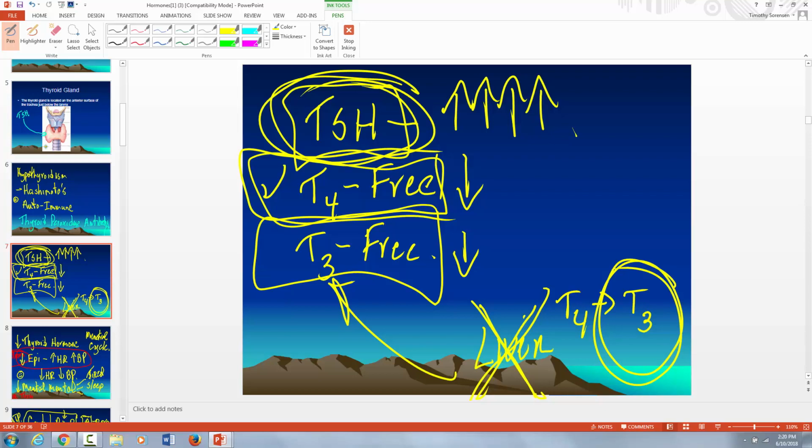So again, watch. If you know the functions of thyroid hormone, then you're going to know what happens if you don't have enough. And you need to understand how your basal metabolic rate is controlled. And one of the biggest ways is by controlling how leaky your cells are to sodium and potassium, and that ultimately determines how much the pump has to run.